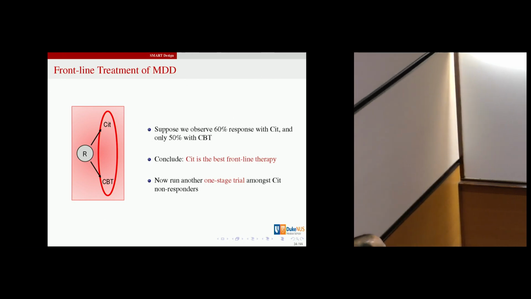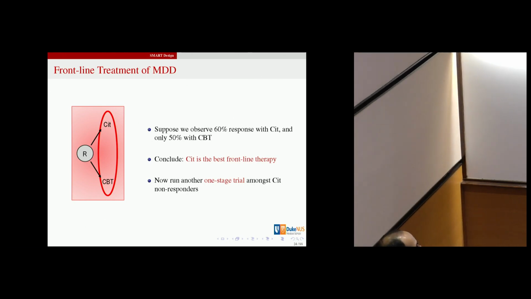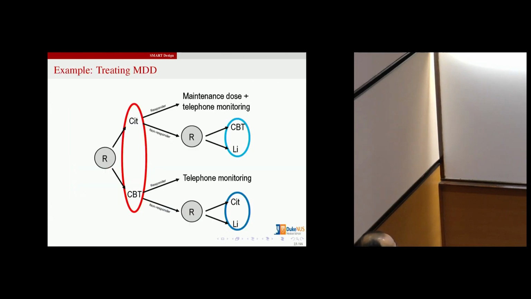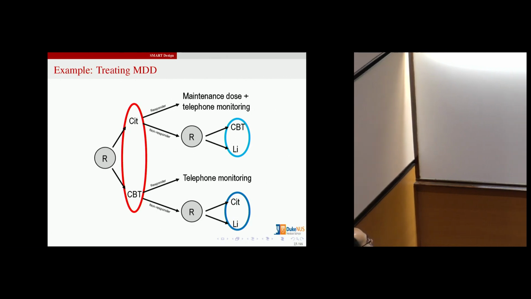So now another one-stage trial amongst citalopram non-responders. If you go back, you have settled this question, and this approach says that since citalopram is the best first-line treatment, you just do another comparison of what to follow that with, and you do not worry about this part anymore because CBT is not so good initially, okay?